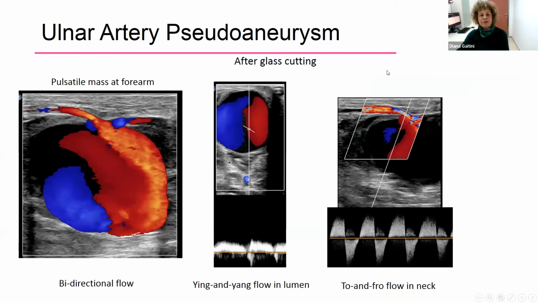This is a case of a pseudoaneurysma at the forearm, a patient coming after cutting with a glass. We see a large aneurysma with a bidirectional flow, and yin and yang flow in the lumen, and to and fro flow in the neck.